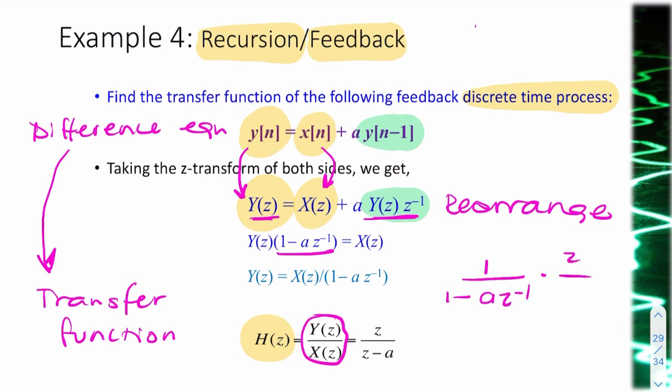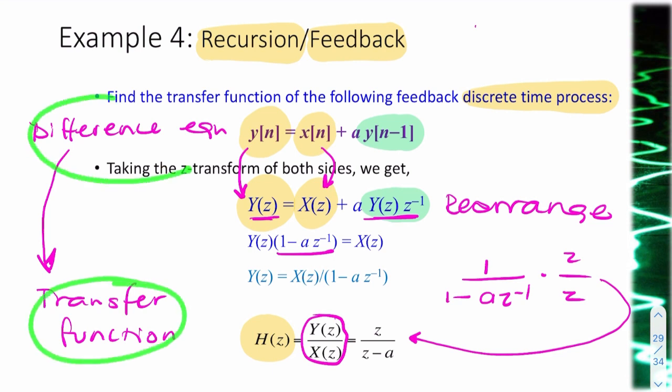But if you multiply that by z over z, that'll give you that. And we tend to like it this way because we don't have any negative powers of z. This is also what you would expect to see in the zTransform table. So here we found the transfer function from a difference equation, simply by taking the zTransform of each of the terms.